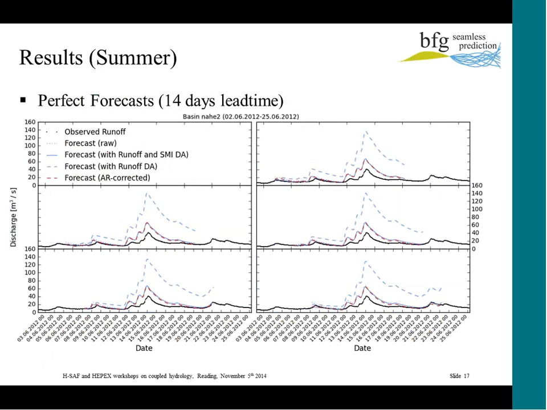The only thing you can see in this figure is that the forecast based on assimilated soil moisture index overestimates the observations in all forecasts. While what you cannot see is that just assimilating runoff gives us a good fit at those apparently small waves, which appear small because of the scaling. Sorry about that.